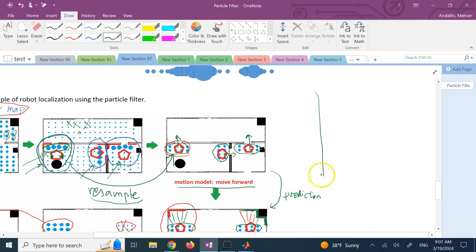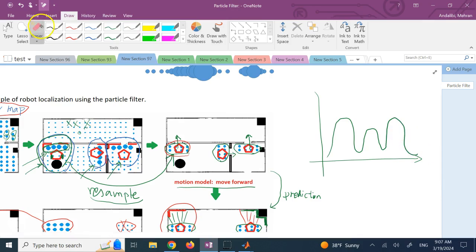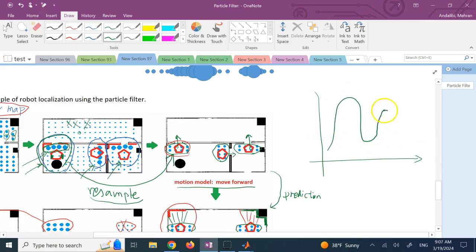So here, let's say your probability distribution is something like this, or maybe one of them is a little bit smaller, so you have something like this. But if I want to approximate this, I cannot just have these particles.